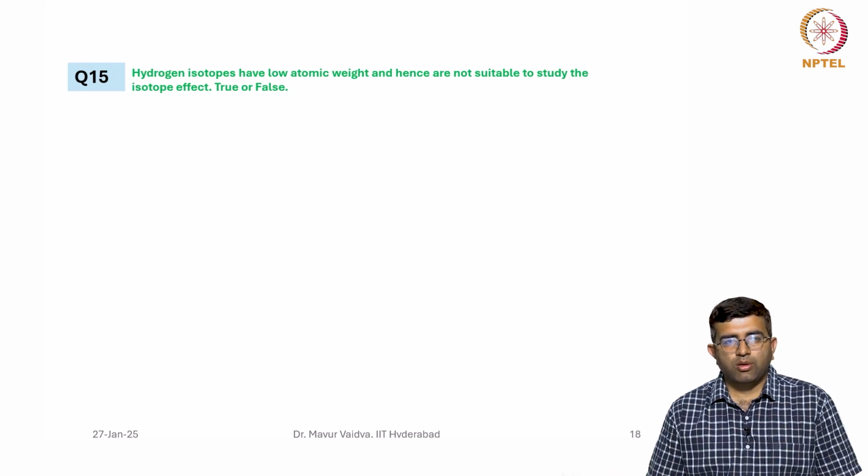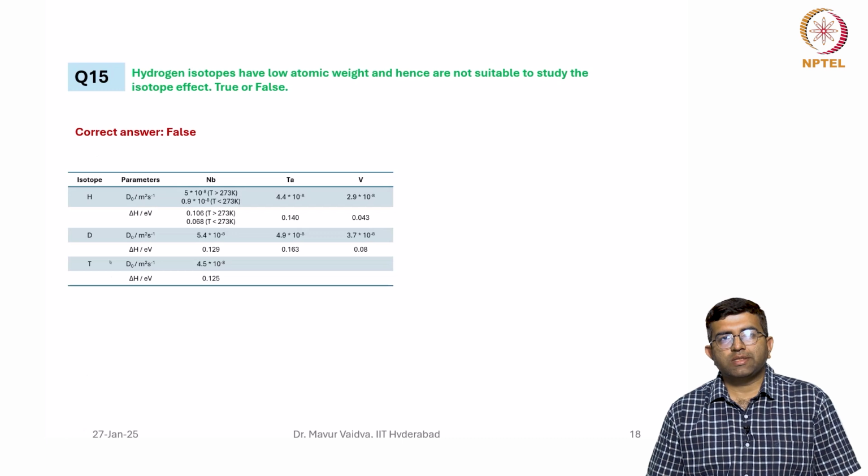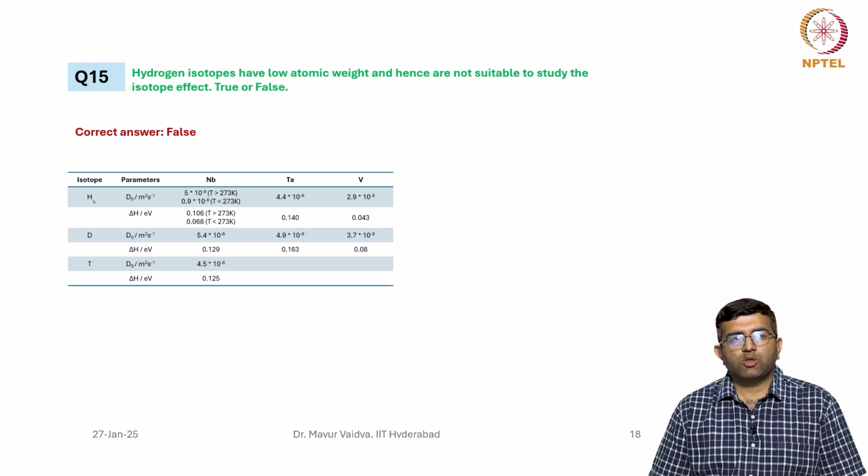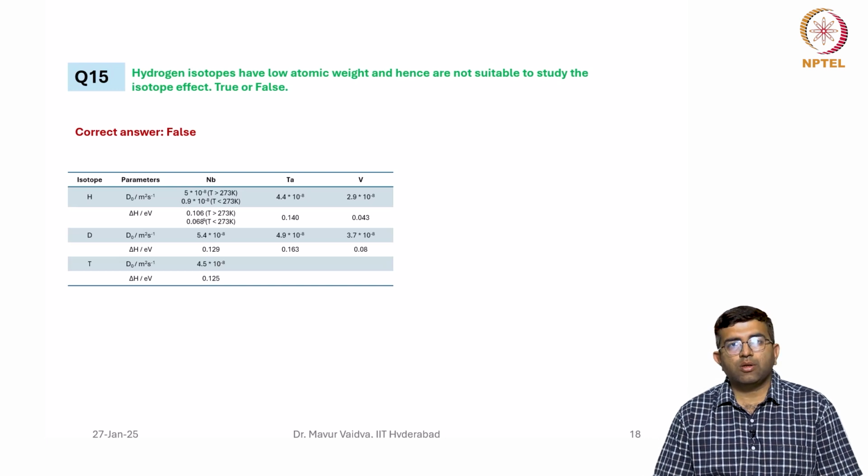If you remember, we had put some tables also showing the diffusivity of hydrogen, deuterium and tritium in several metals, and you can see for example, the delta H is different for the different isotopes. For deuterium and tritium, it is the same in niobium, but for hydrogen it is much lesser.